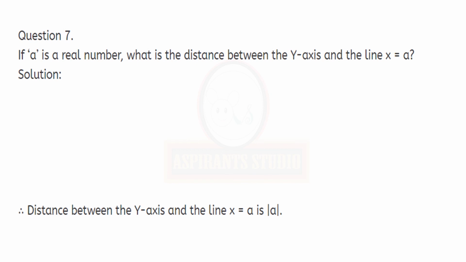The distance between the y-axis and the line x is equal to a is a minus 0, that is equal to a. Therefore, the distance between the y-axis and the line x is equal to a is absolute value of a. Whether a is negative or positive, the absolute value of a will always be a positive number, according to the definition of absolute value.